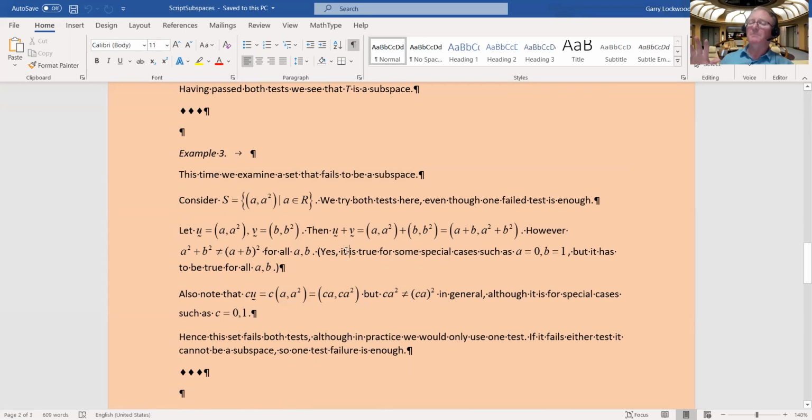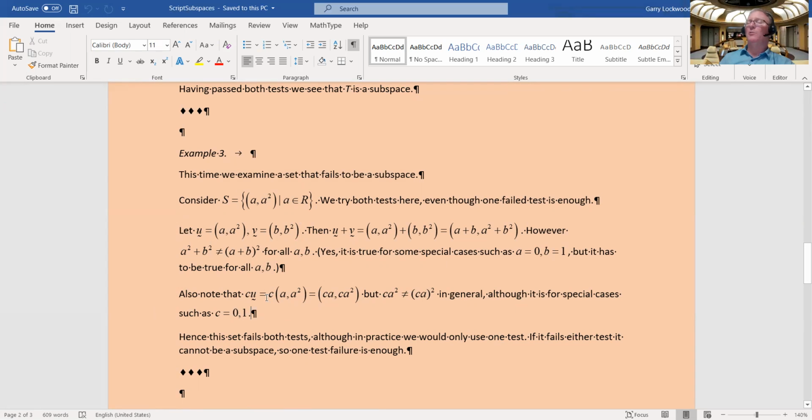So we could stop there, but we're going to go on and we'll do one more test just for practice. C times U is equal to C times (A, A squared), which is (CA, CA squared). But CA squared is not equal to (CA) squared in general. This term here is not the square of this usually. Again, special cases, C equals 0 and 1, yes, or maybe A equals 0.